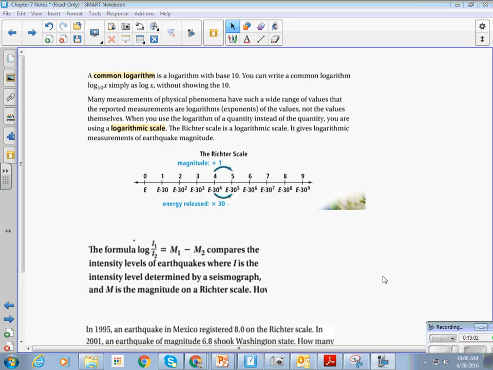So I have good news and I have bad news. There are only 2 logarithms that your calculator deals with. One is a common logarithm, one is a natural logarithm. Your calculator does not deal with any other bases except those 2. So we're going to talk real quick about a common logarithm.